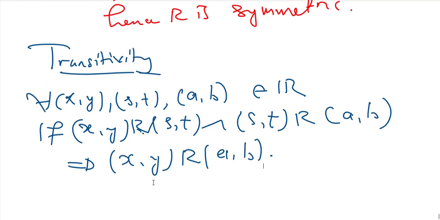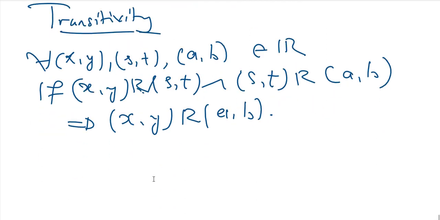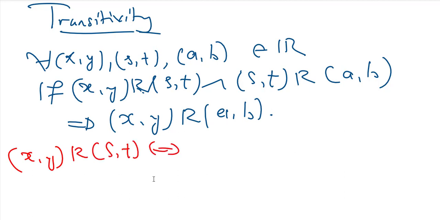Now we are going to use the first two to prove the third. Now what do we have? (x, y) is in relation with (s, t) if and only if we have x squared minus s squared is equal to y squared minus t squared.